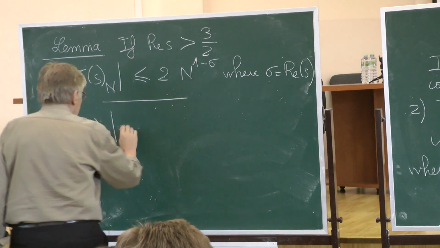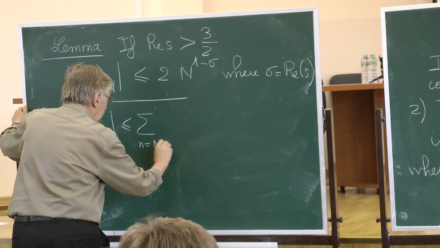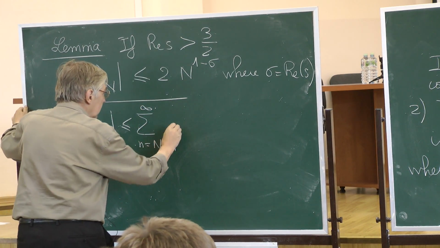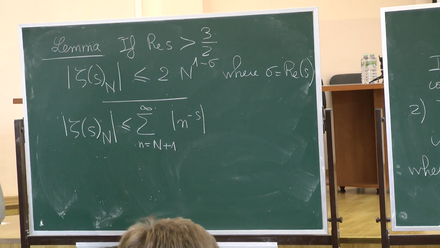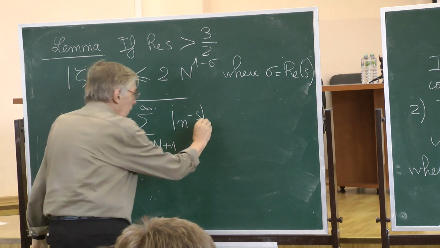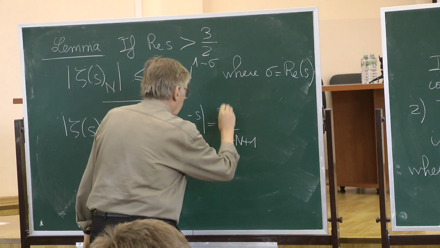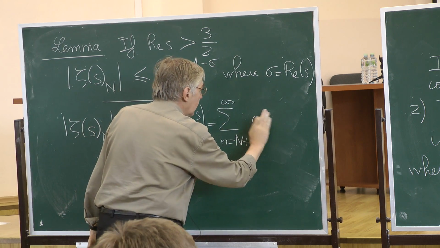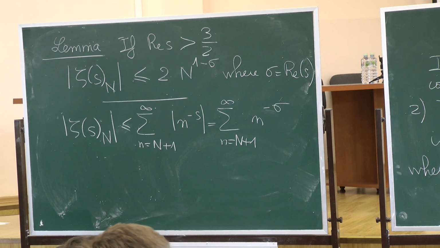So this is bounded by the sum for n going from capital N plus 1 to infinity of the absolute value of n to the minus s. And the absolute value of n to the minus s is nothing else than n to the minus sigma, where sigma is the real part of s.